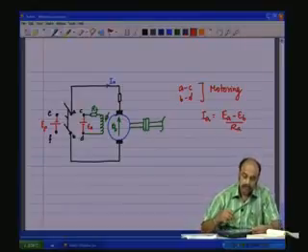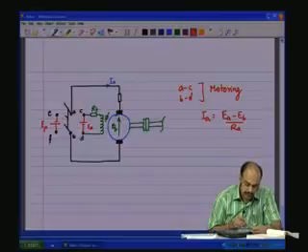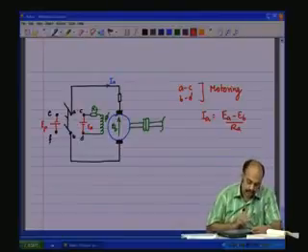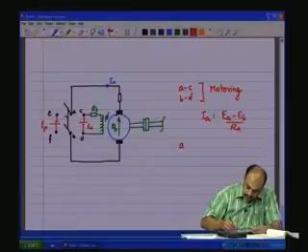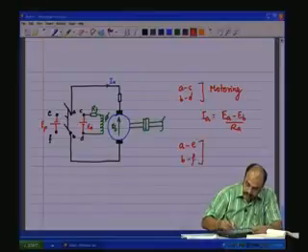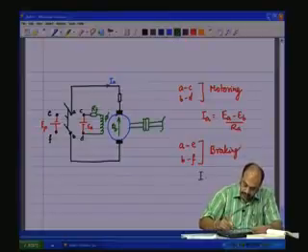Now, when we want to stop, we open this double pole double throw switch and then connect it to E and F. So, while braking, A and E are connected, B and F are connected. This is braking. So, under these conditions, what is IA?